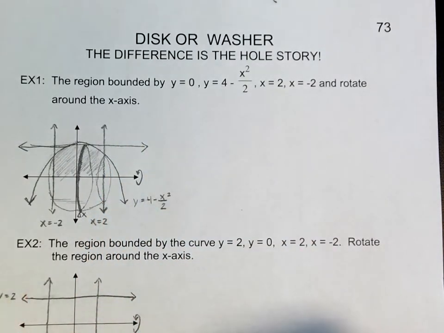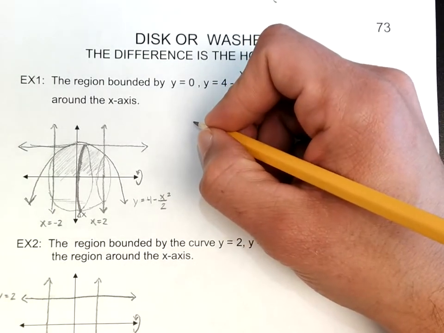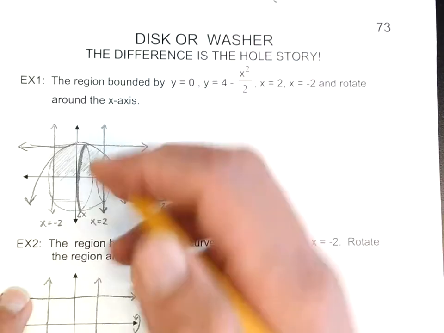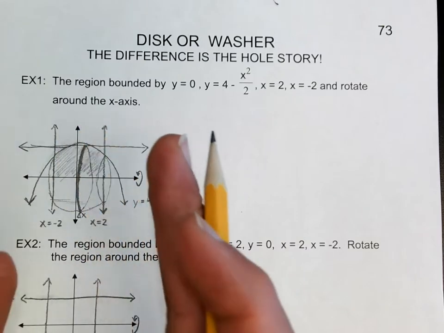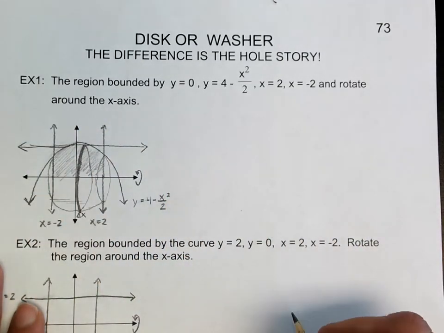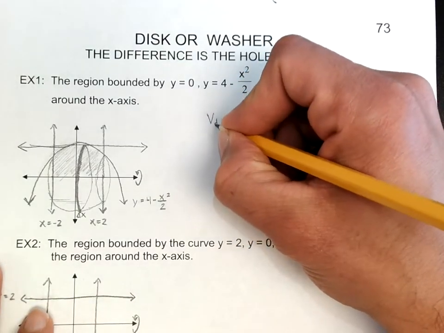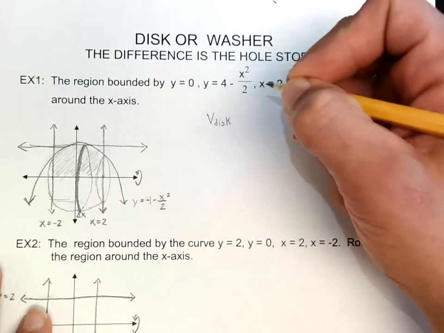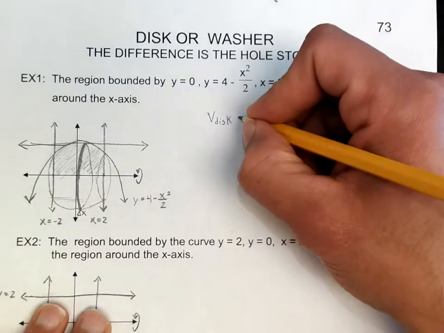So delta x is the thickness of the disk, or the cylinder. And again, we talked about how yesterday, if you want to figure out the volume of this, you would just need several disks sitting side by side. The thinner the disk, the more accurate the volume is going to become. So if you have any questions about how to do this, go back and watch topic 72, where I did several of these examples.